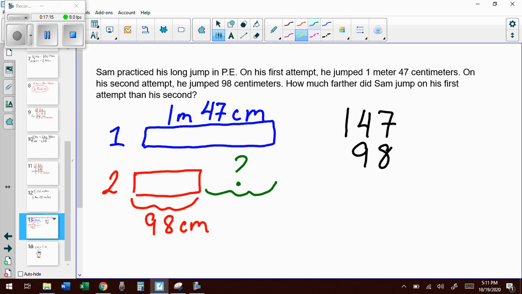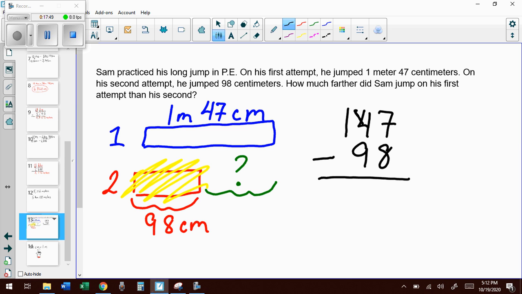Difference! So we need to take what we know here and take away the second thing we know, and it will leave us with our answer. So we take the first thing we know, subtracting the second, and we're going to have our answer. 7 minus 8. Oh, nothing can be just easy, can it?